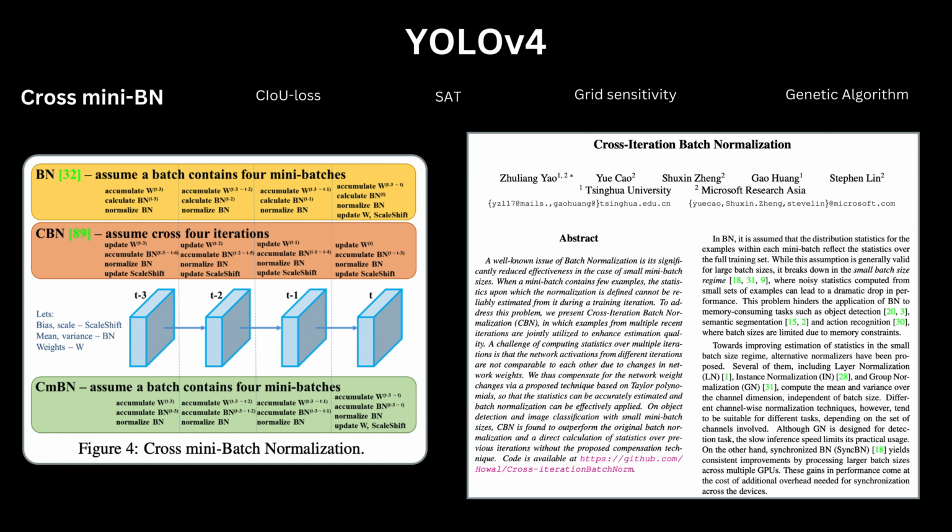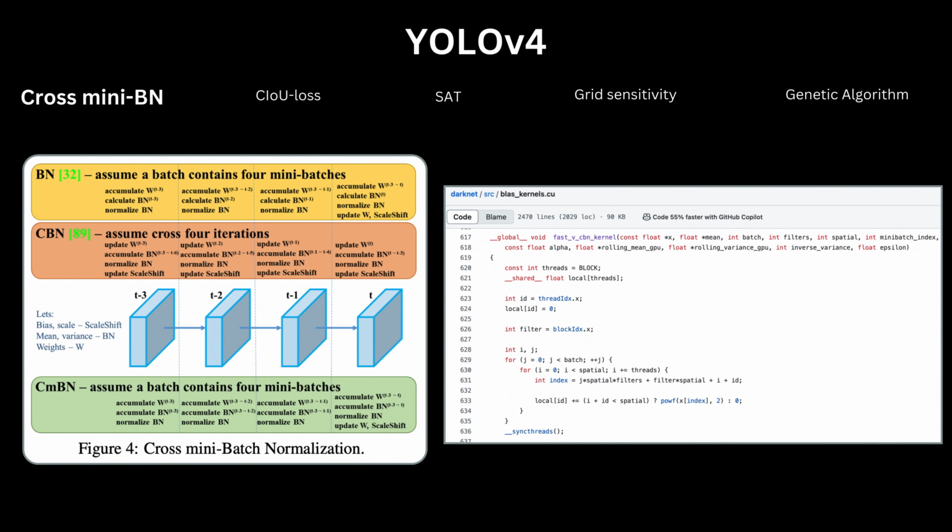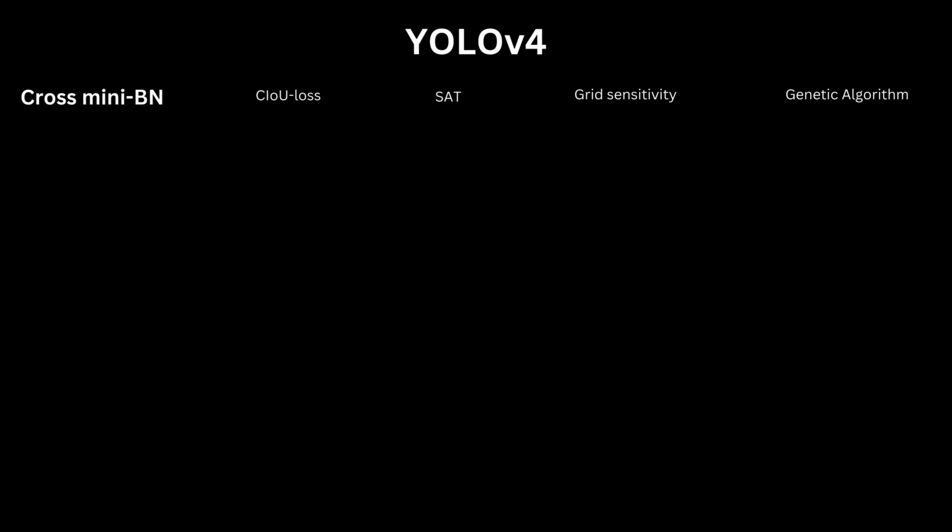Once you have understood cross iteration batch norm, for cross mini batch normalization, you can just take a look at the implementation in the YOLOv4 repo, specifically within this method. That should give you a much clearer picture of cross mini batch normalization, much better than this very high level overview that I gave.